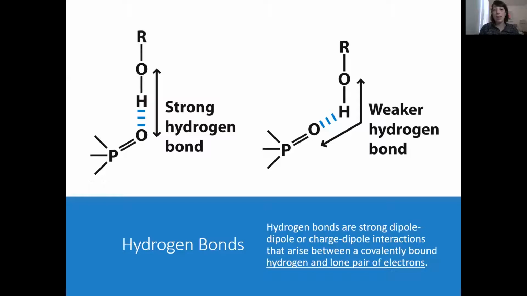They are a strong dipole-dipole bond or a charged dipole interaction that occurs between a hydrogen and some lone pair of electrons. So again, they are just a special case, a special named dipole-dipole or charged dipole interaction.